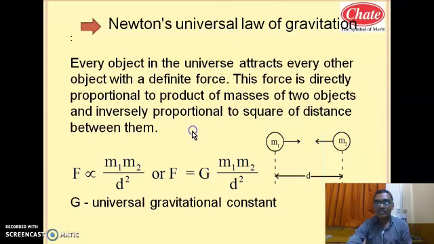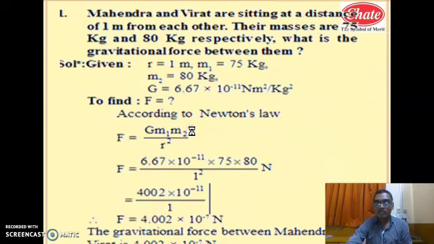Now let us see the numerical problems on this part. This is one problem based on Newton's universal law of gravitation. Mahendra and Virat are sitting at a distance of 1 meter from each other.